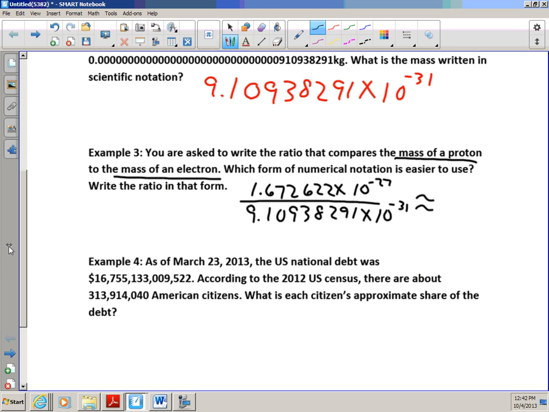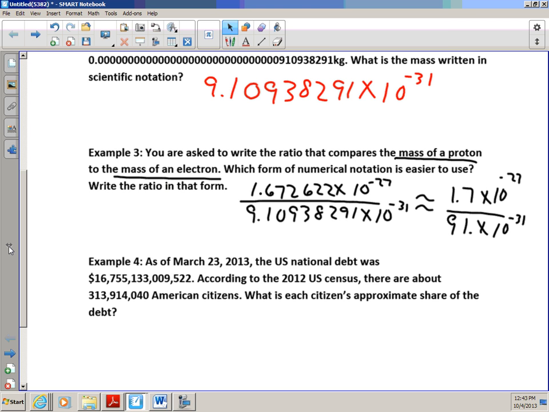And so instead of 1.672622, we're going to just round it to 1.7 times 10 to the negative 27th and 9.1 times 10 to the negative 31st. You should also be able to tell me which of these two is heavier. And which one? The mass of a proton, because negative 27 is greater than negative 31.